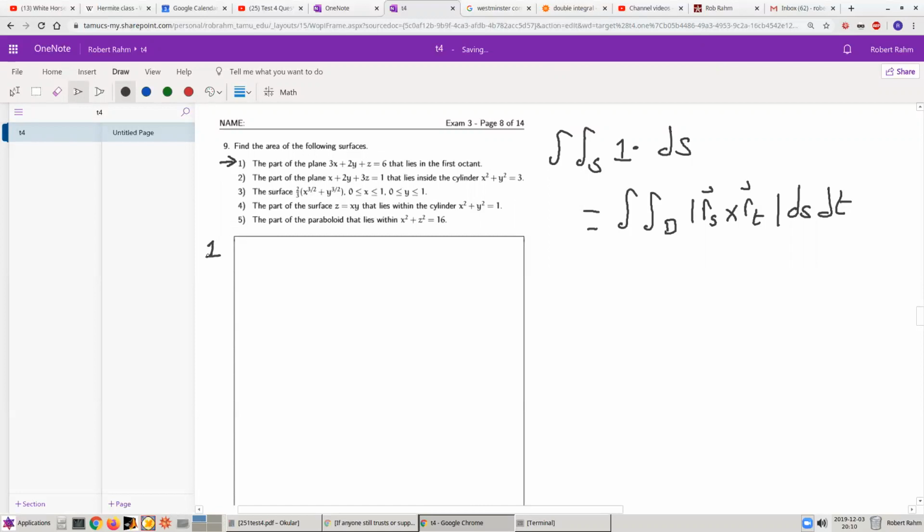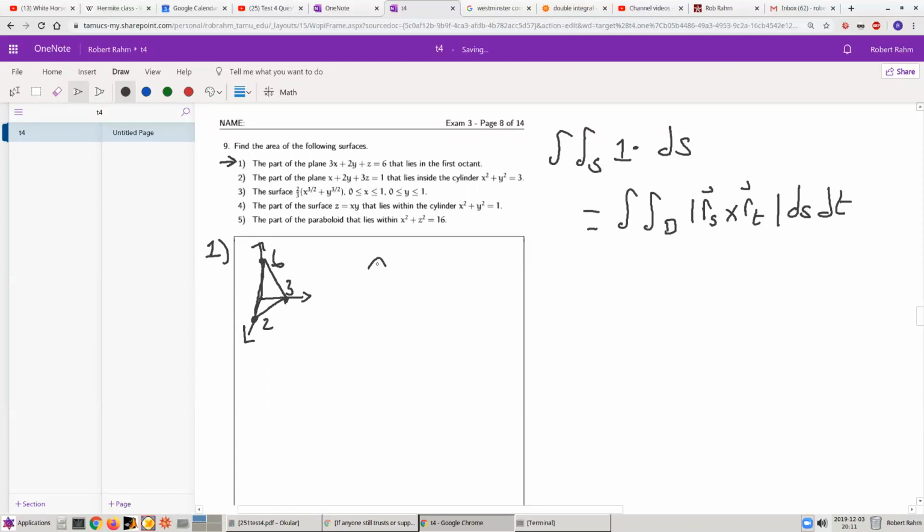So number 1. The first thing we need to do is figure out what the parameterization is. Let me briefly show you what this is going to look like. The x-intercept is 2, the y-intercept is 3, and the z-intercept is 6. It's the part of this plane that lies in the first octant, this little triangle part here.